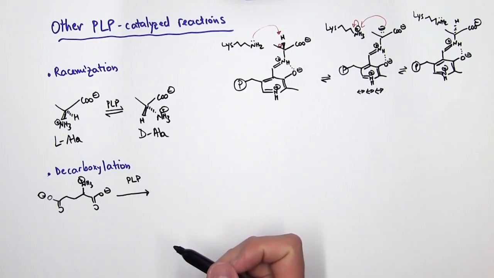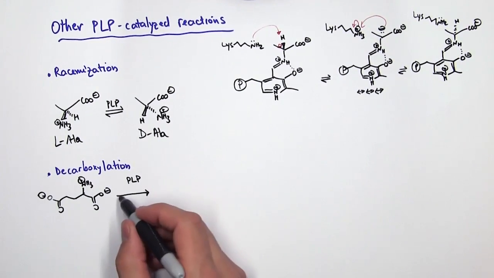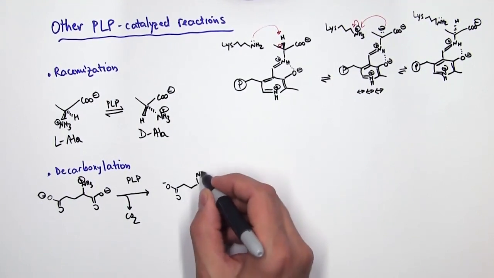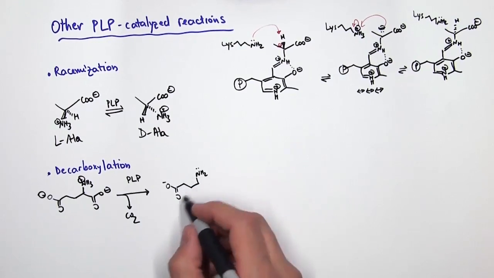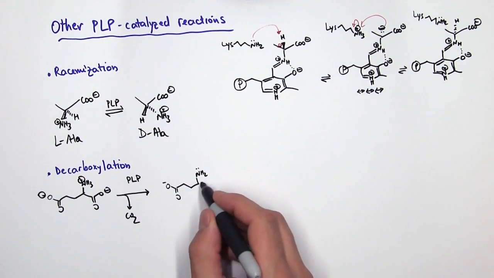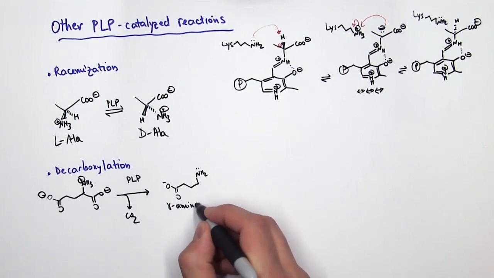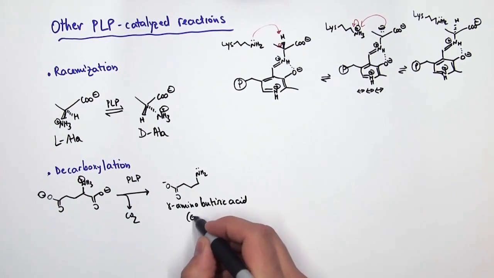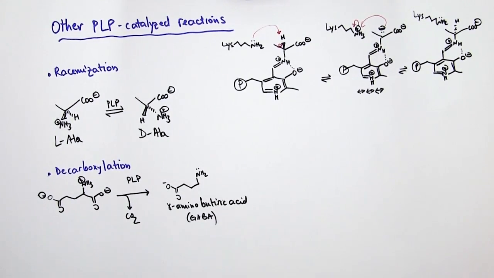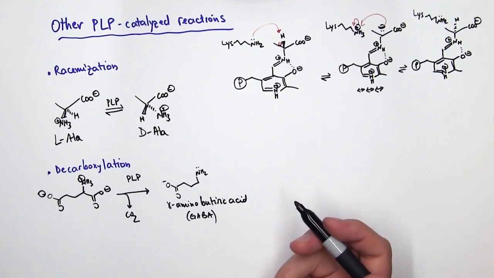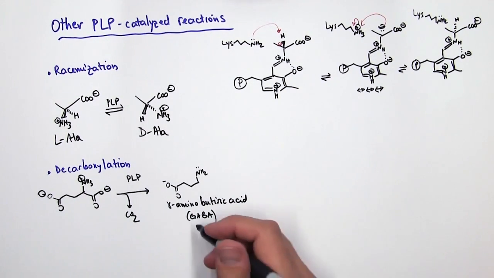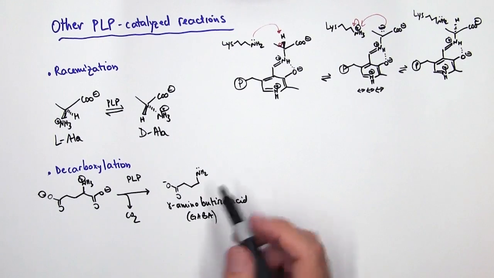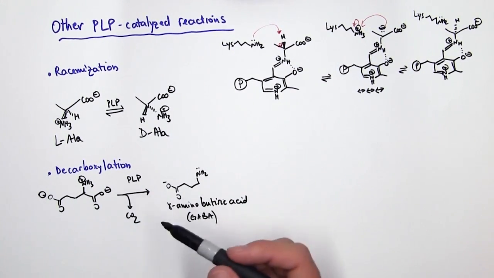In a PLP catalyzed reaction, it can lose this CO2 group and form this molecule, which is called gamma amino butyric acid, or GABA. This is in fact a very important neurotransmitter, an inhibitory neurotransmitter that is required in the brain. So let's take a look at how this decarboxylation is catalyzed by PLP.